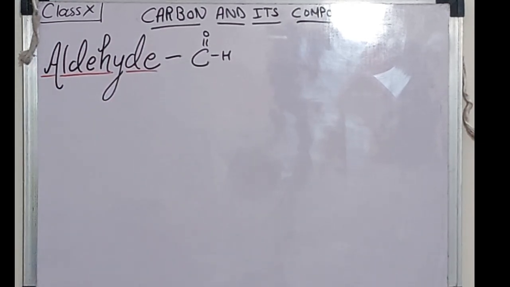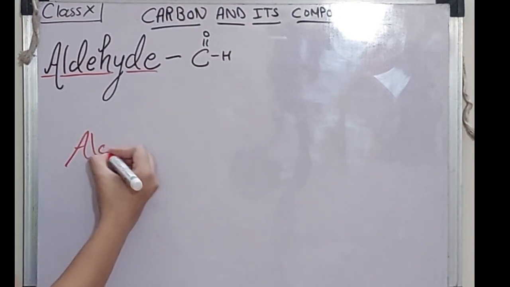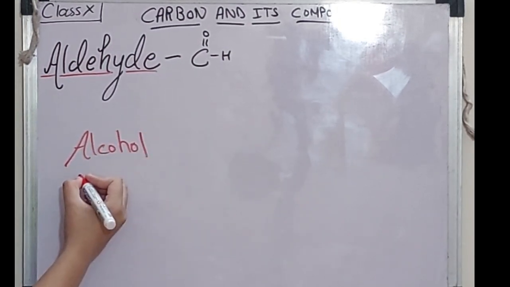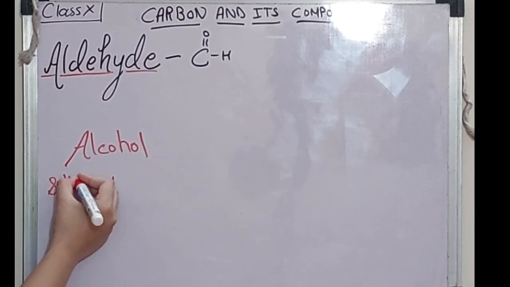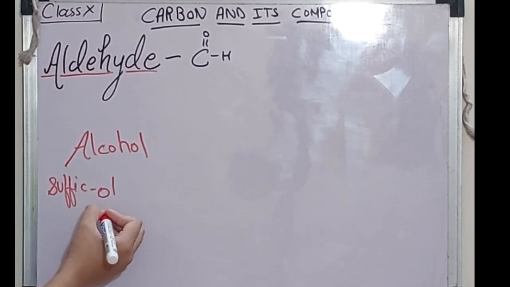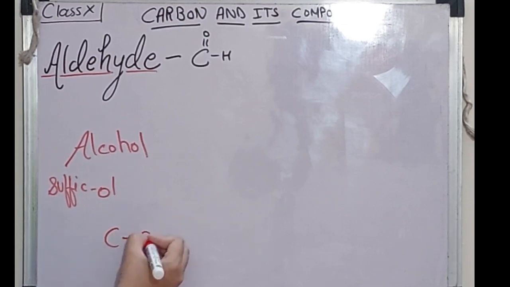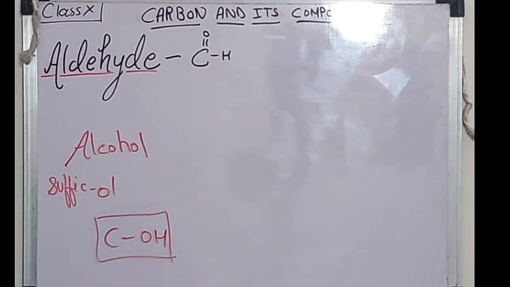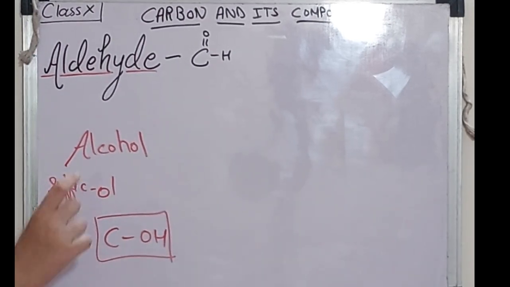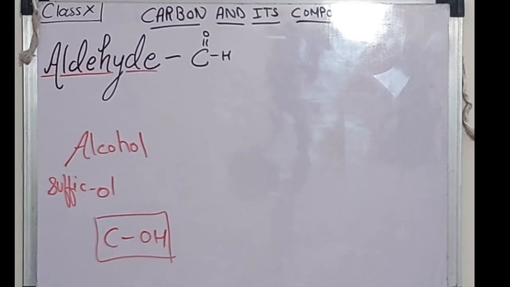So, if I do a little recapitulation, we discussed alcohol, whose suffix was ol, right? And it looked something like this. In alcohol, the functional group was OH.